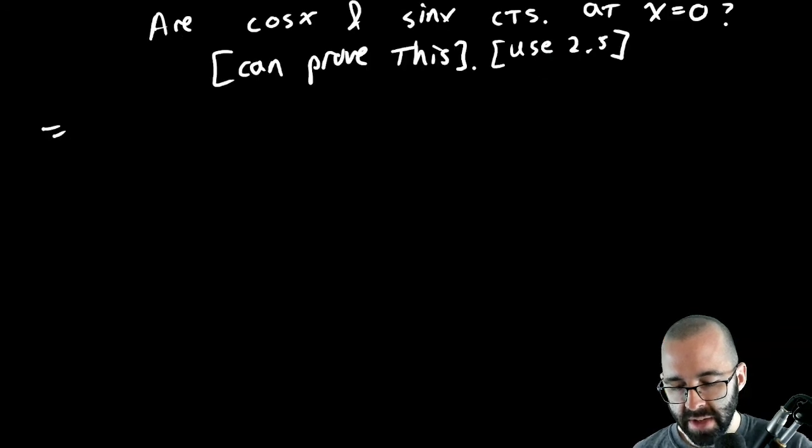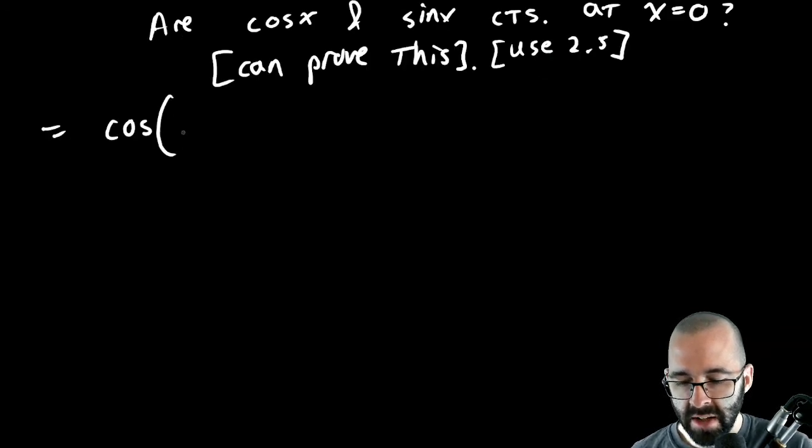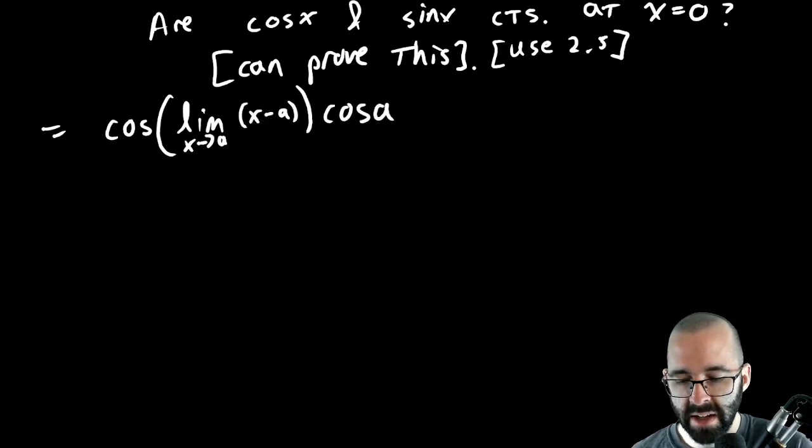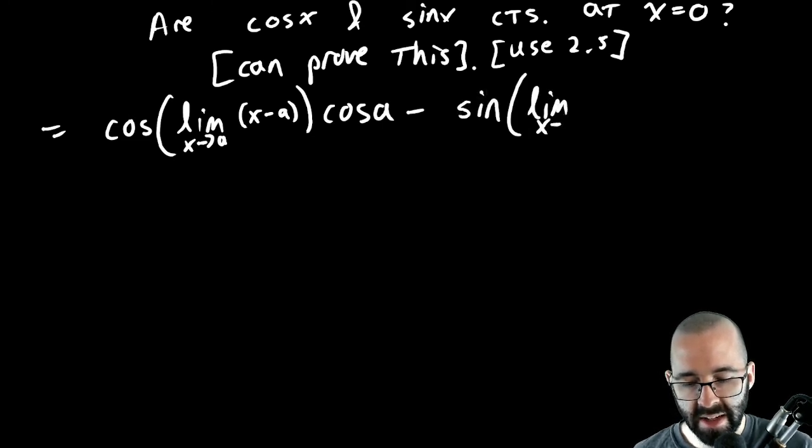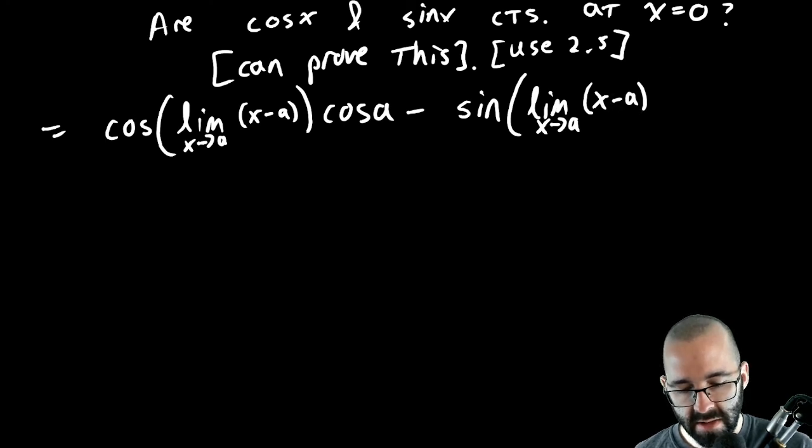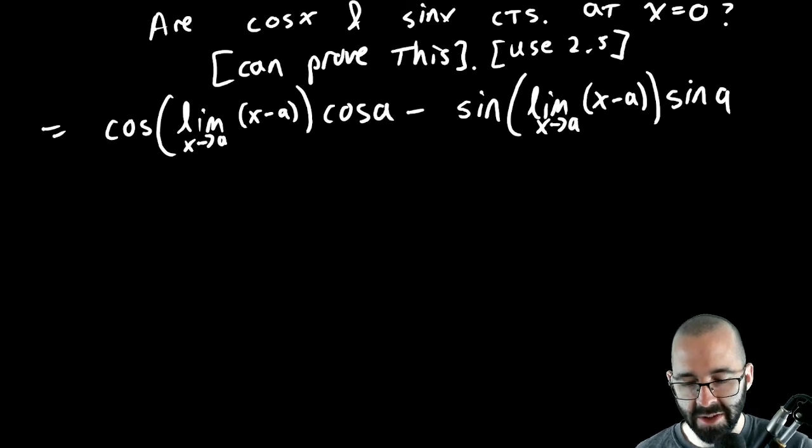If we do that, that gives us the cosine of the limit as x approaches a of x minus a, times the cosine of a, minus the sine of the limit as x approaches a of x minus a, times the sine of a, making sure I'm copying it down correctly.